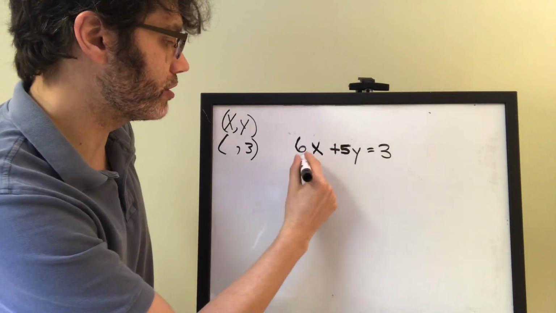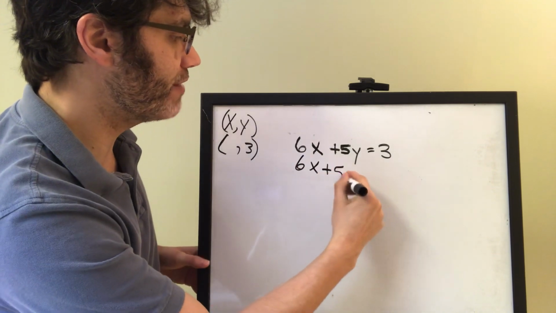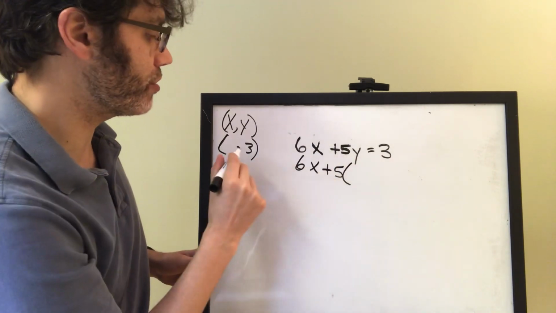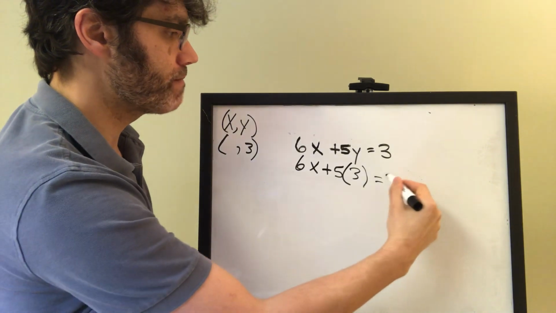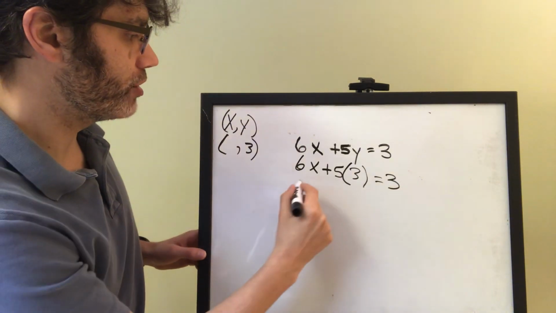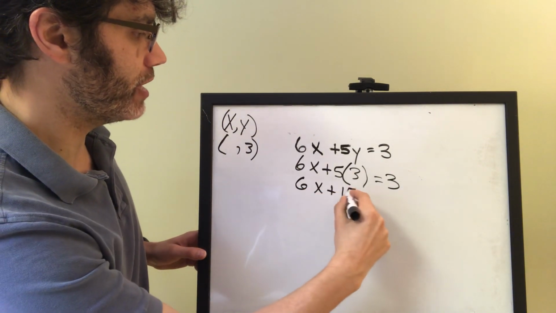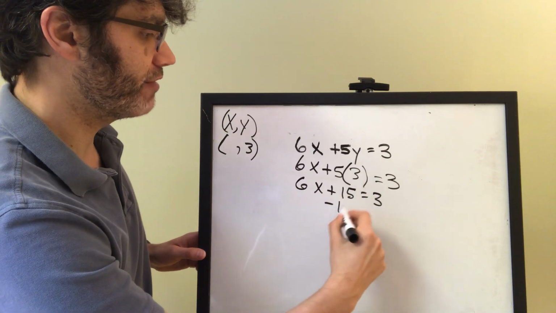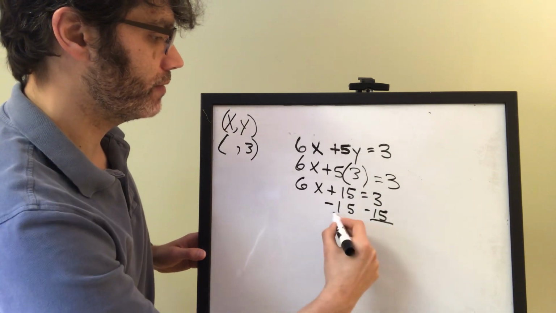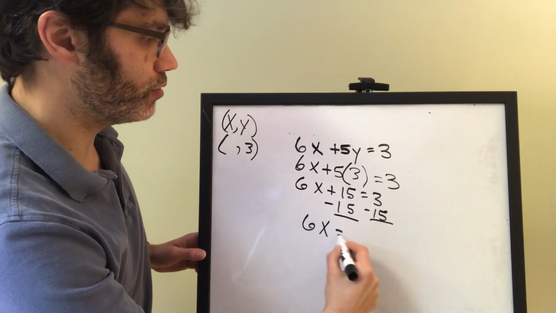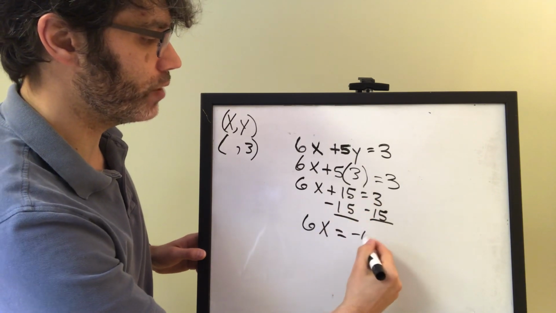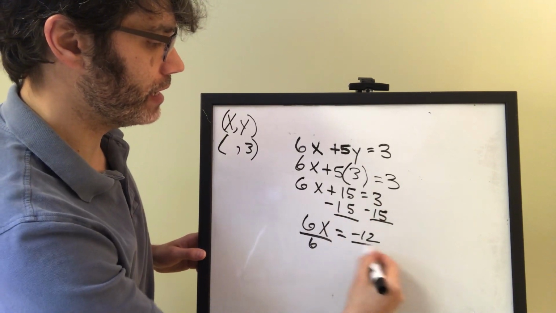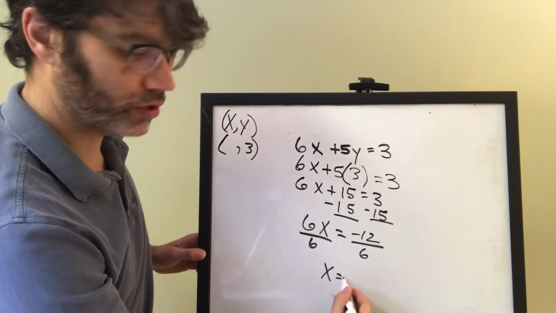Let's just use this equation. So 6x plus 5 times y. We now know that y is 3, so let's plug in 3. So that's 6x plus 15 equals 3. Subtract 15 from both sides. So 6x equals 3 minus 15, which is negative 12. Divide both sides by 6, and you have x equals negative 2.